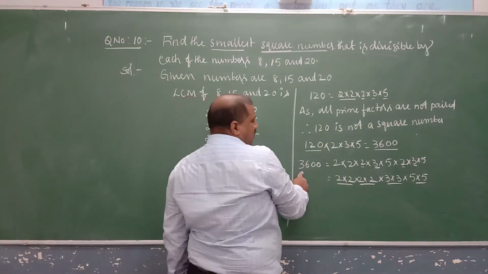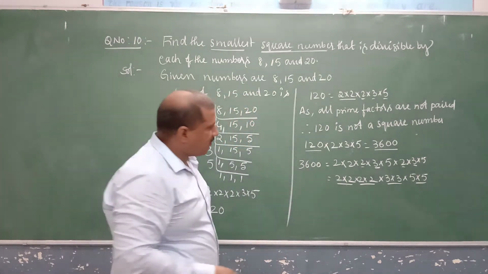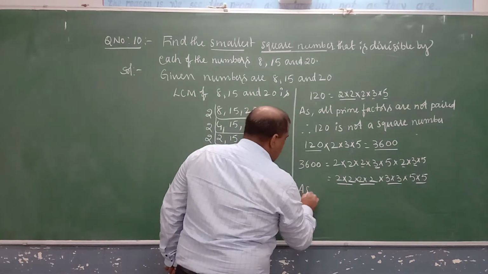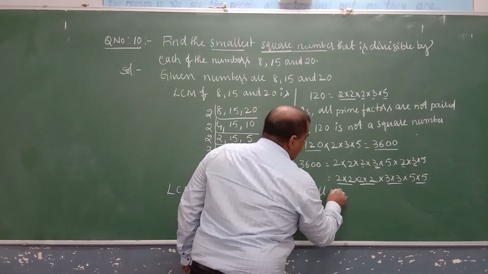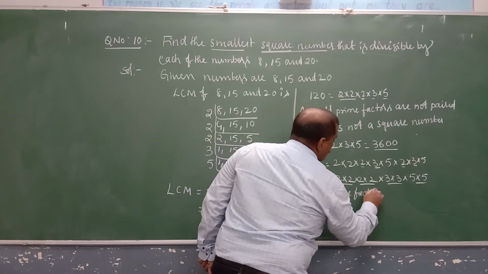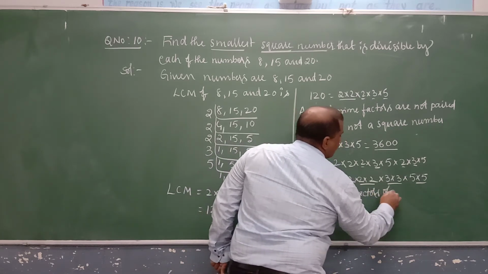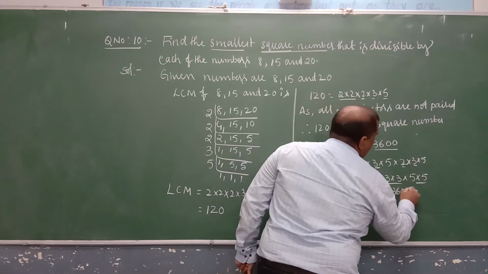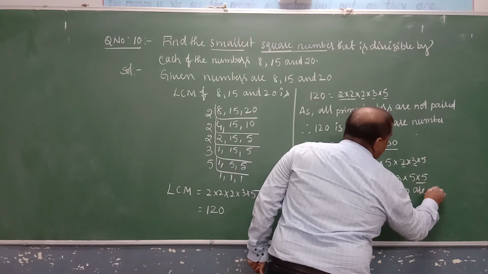Therefore 3600 is a square number, as all prime factors of 3600 are paired.